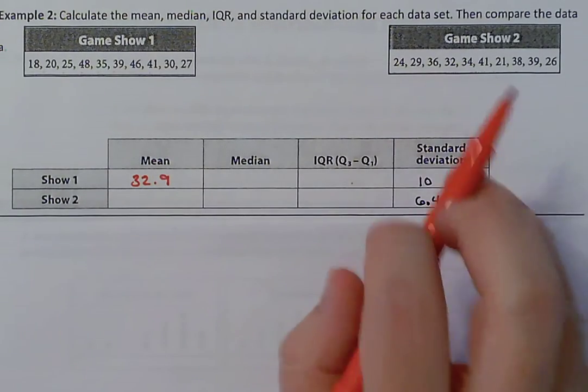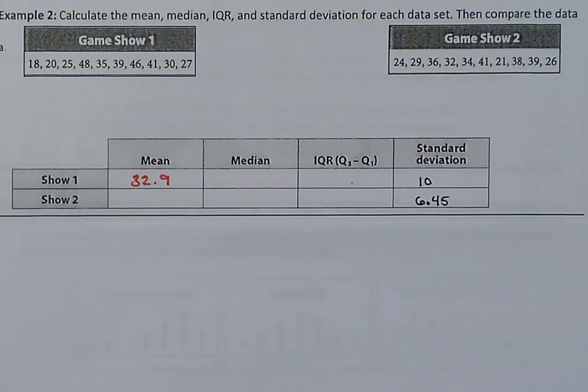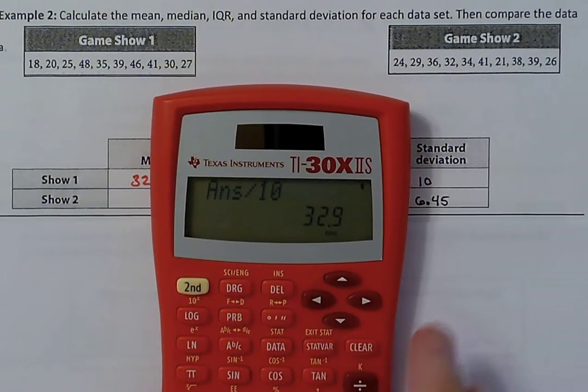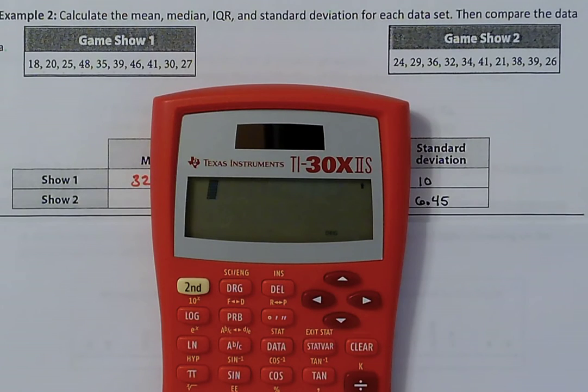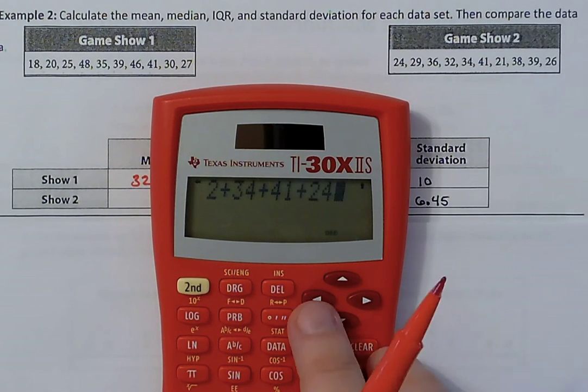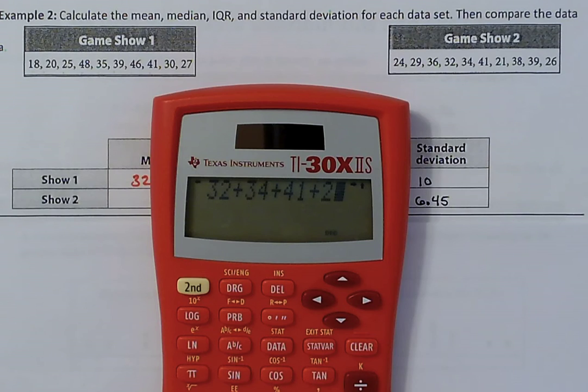Now, if we figure out the mean for game show 2, again, we're going to go through and add all these numbers up. So 24 plus 29 plus 36 plus 32 plus 34 plus 41 plus 21, and I put 24 plus 38 plus 39 plus 26.